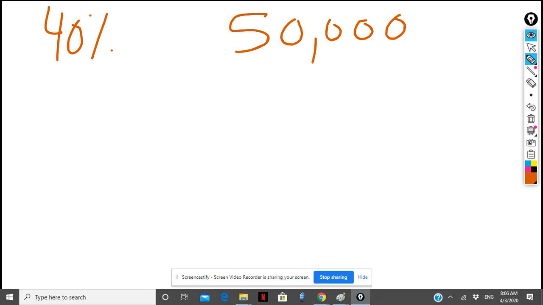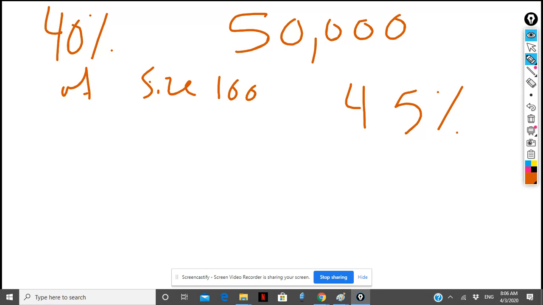What is the probability that a simple random sample of size 100 will indicate 45%?